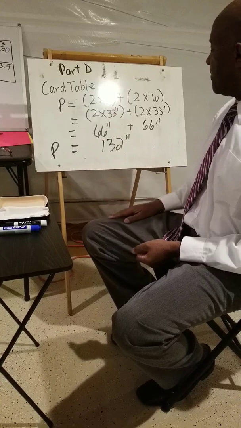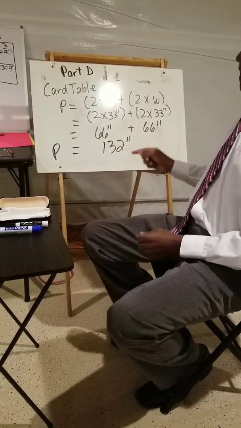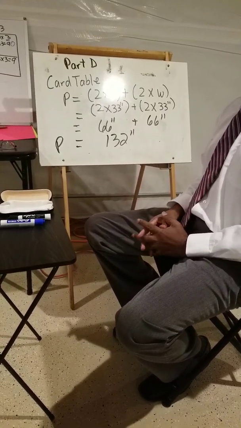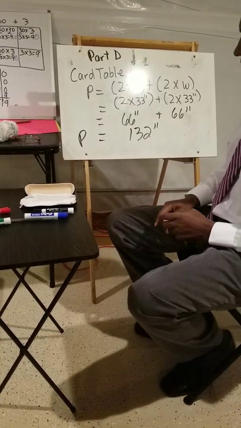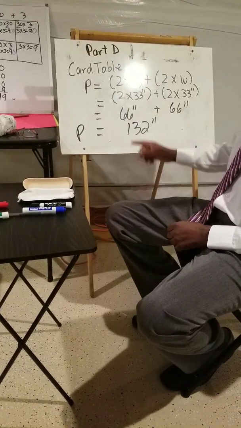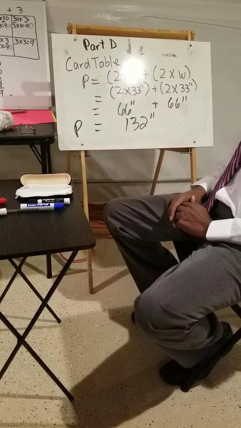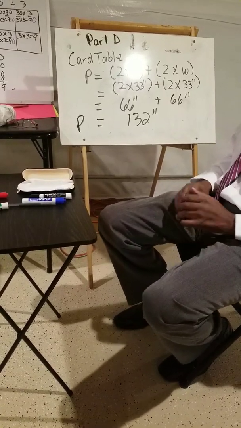Now, 2 times 33 inches equals 66 inches for the length plus 2 times 33 for the width. That too was 66 inches. So finally, perimeter equals 66 plus 66 inches, and the perimeter of the card table is 132 inches.